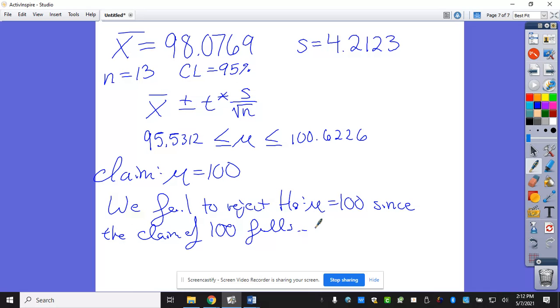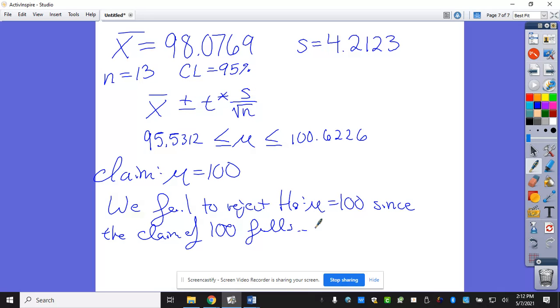So we failed to reject since the claimed 100 actually does fall within our confidence interval of this to this bushels per acre. And so it's making you make the, so like, do you want me to talk through parts of the 4-step, or do you think y'all have that part of it? So if we see it like that, we just do the conclude of the test.